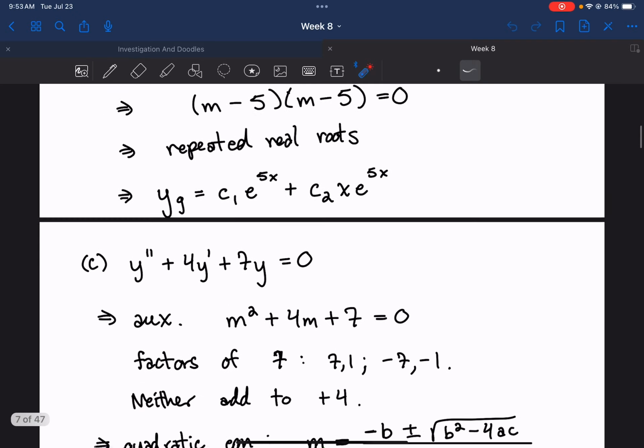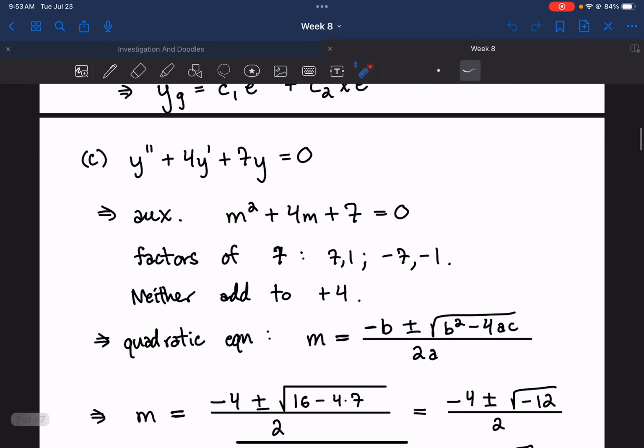Okay, next one. Y double prime plus 4y prime plus 7y equals 0. Pass to the auxiliary equation. The factors of 7, if you want to try to factor this, are 7 and 1 or negative 7 and negative 1. Neither of those is going to add up to positive 4, which means this is probably going to be complex solutions. It could be more complicated, but most likely it's complex, right?